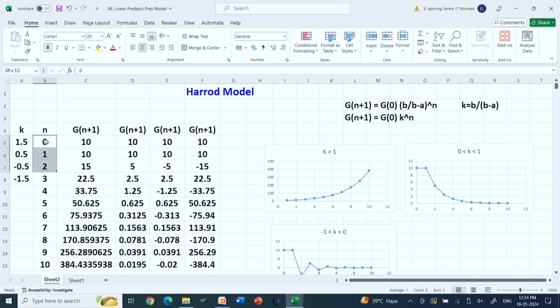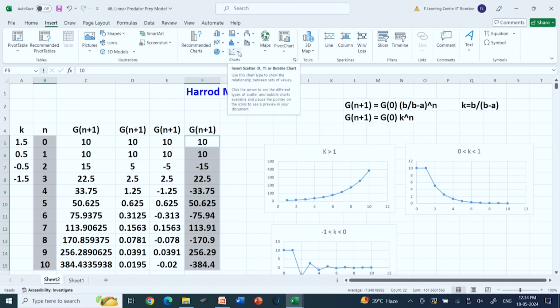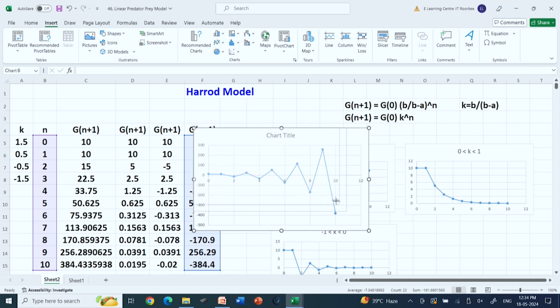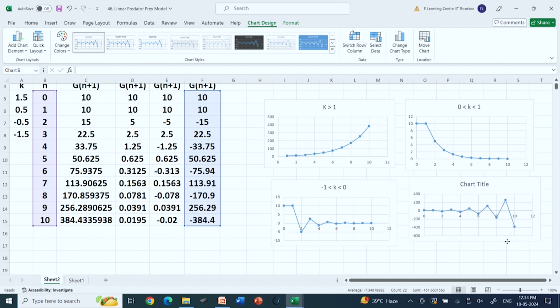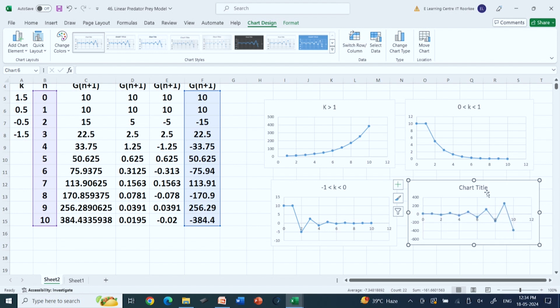So I again choose these 10 values, press Ctrl, press Shift and then the down cursor. These two columns are selected, go to Insert, go to Charts, this one. So oscillatory behavior, but some sort of increasing oscillation. So this is the case where your k is less than minus 1.